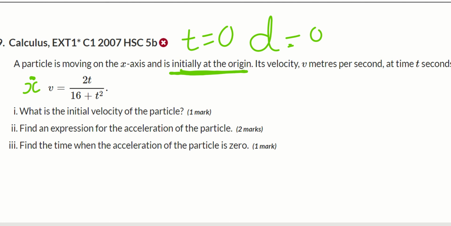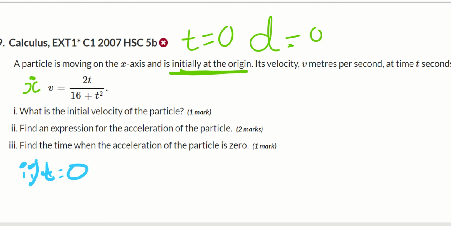And here we've got an equation for its velocity. It says, what is the initial velocity of the particle? If I need to find the initial velocity, what do I know? Where time equals 0. So I'm going to substitute t equals 0 into the equation, and my answer is going to be the initial velocity.